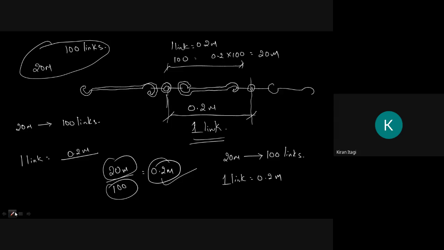Similarly, when you go for the 30 meter chain, it is divided into 150 links. Therefore, 30 meter divided by 150 is 0.2 meter.